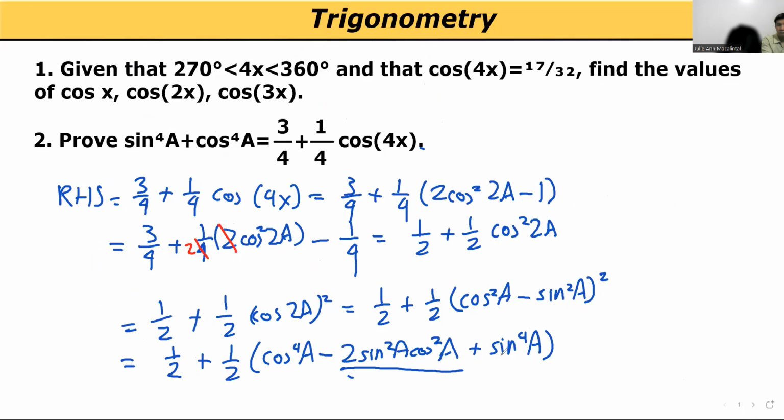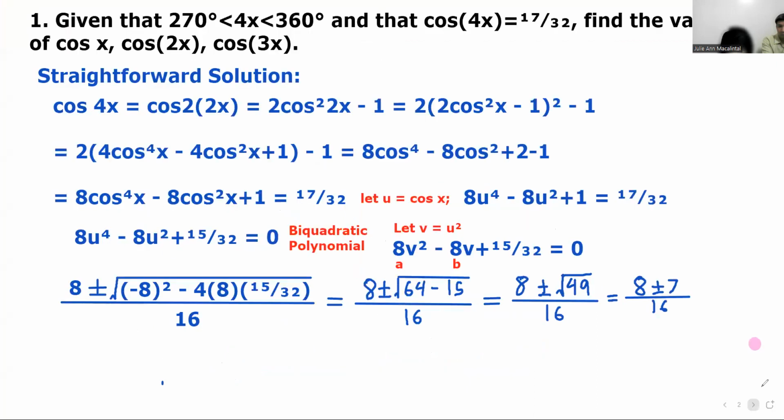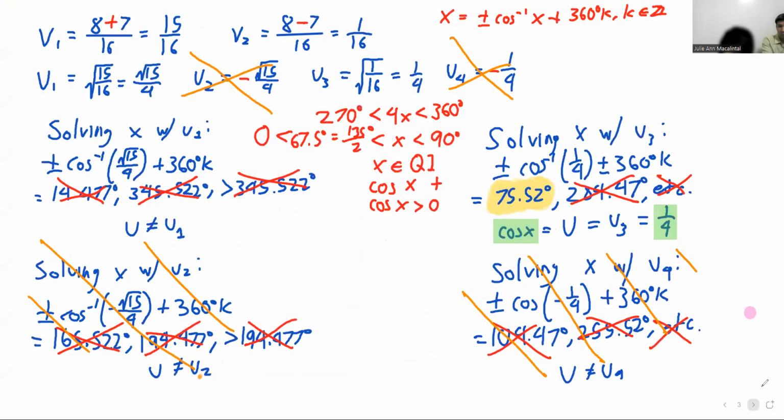So, sine to the fourth a, then cosine to the fourth a, that's what we're looking for. So we will isolate it. I hope it will lead somewhere.